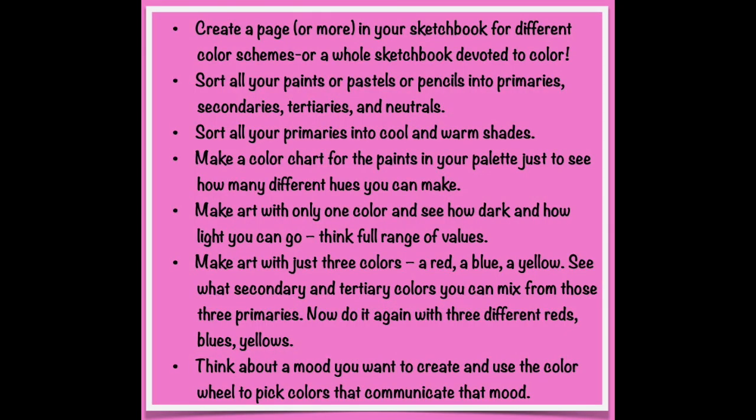Here's how I use a color wheel to translate color theory into color action. I have learned that the better I understand color, the better decisions I can make about the colors that I use in my art. I do not want to be the traveler that left their luggage at home. I've listed these ideas in the description below, but let me share with you some things that seem to work for me.